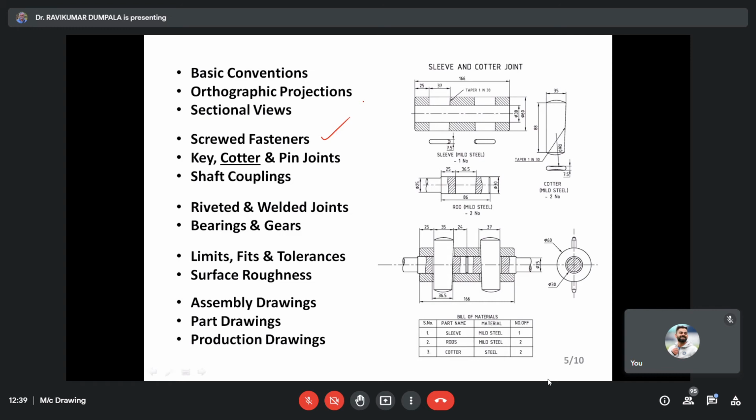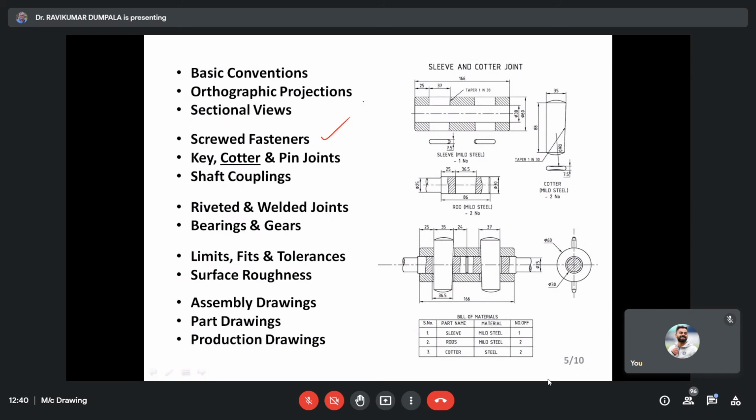Even if it is AutoCAD, I insist you draw by hand only, so that you will understand the features and the differences and can feel the component. If you're using AutoCAD or some software, you just pick those elements from the standard library, and you will not be able to know what exactly it is, you just use them.